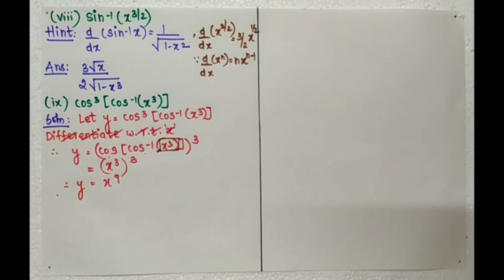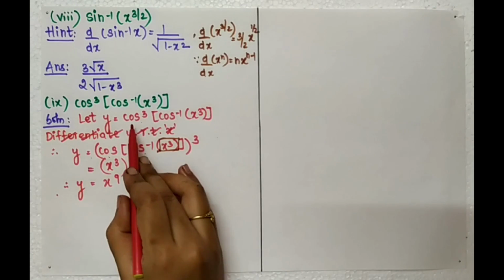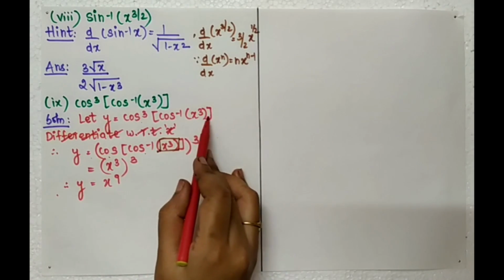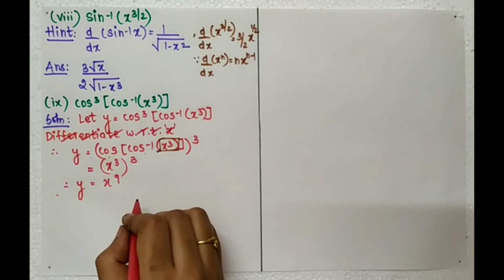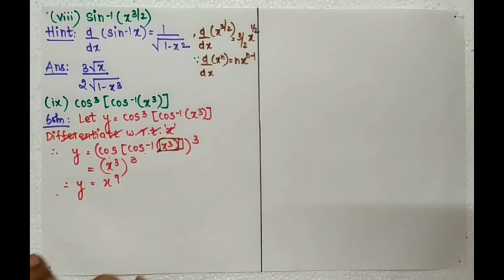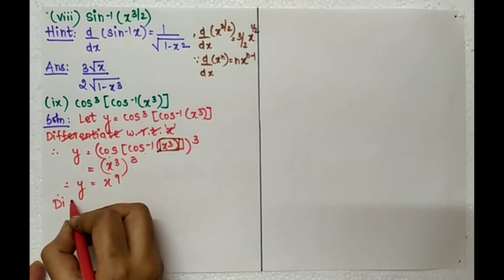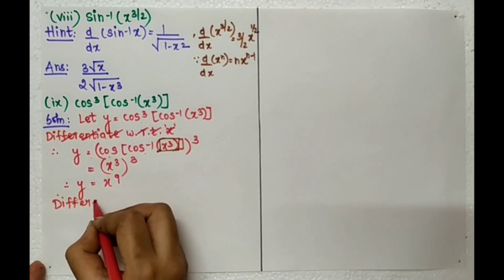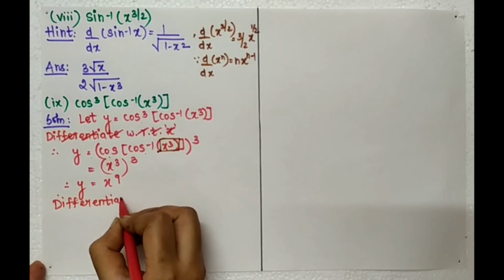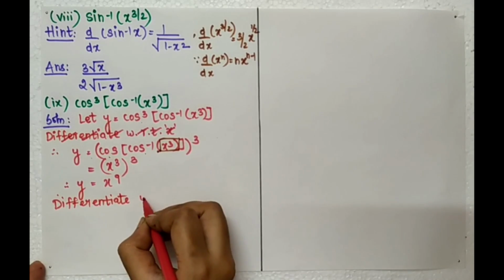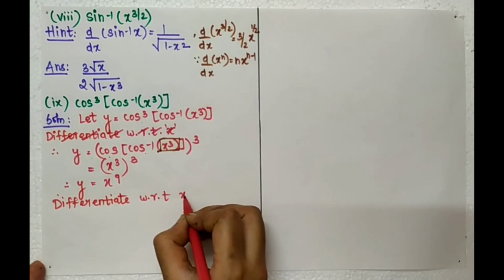So now we have simplified our question from cos cube cos inverse x cube to x power 9. So now it is very easy to differentiate with respect to x.